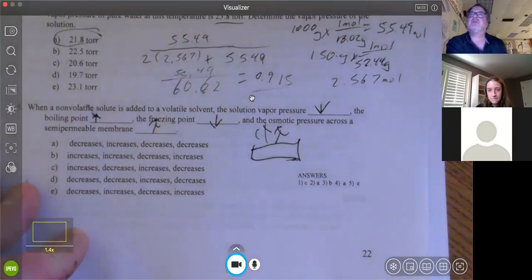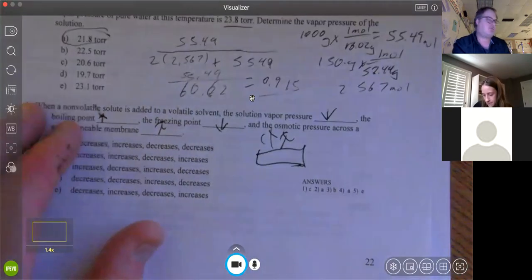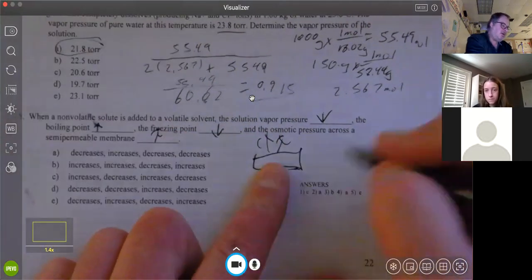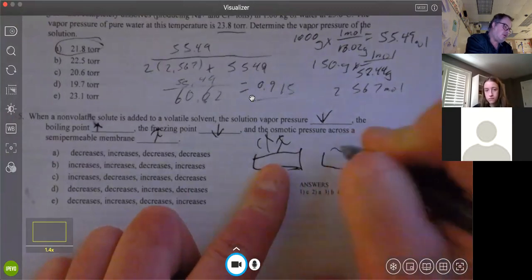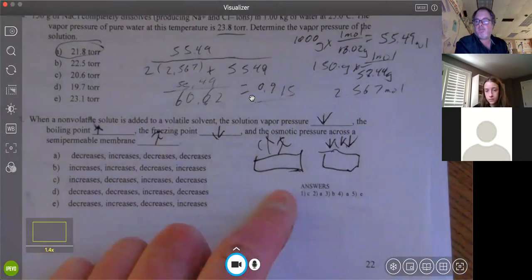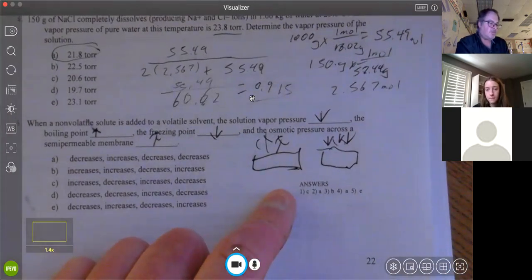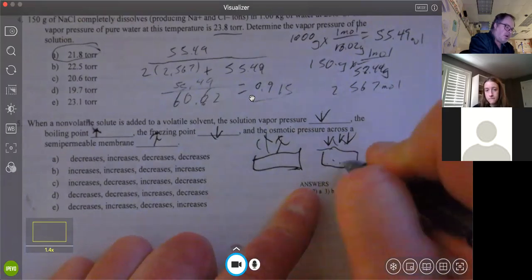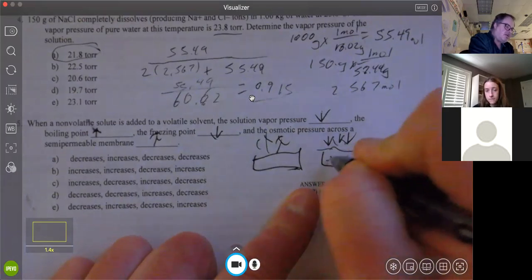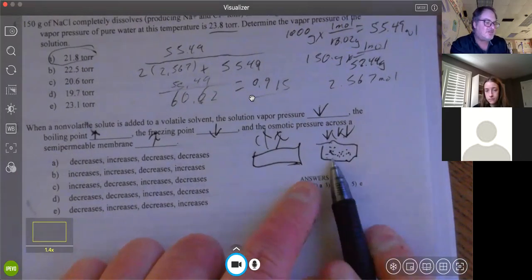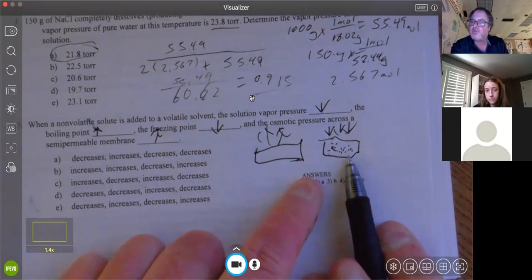I missed the vapor pressure, but that goes down. So let's think about it this way, maybe. If you have something here, you know that there is atmospheric pressure pushing down on it, right? Yeah. So if there are particles in here, the volatile or the solvent, whatever you want to call it, is going to be attracted and bundled up with those particles.